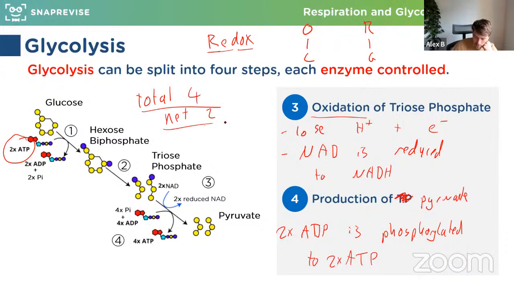So be careful with your questions. Sometimes they ask how much ATP is made during glycolysis in total. In that case, you say 4. And sometimes they say how much is made overall or net. And in that case, you would say 2, because you factor in the 2 that have been used up. So just pay attention to that, because they try and catch you out with the questions.